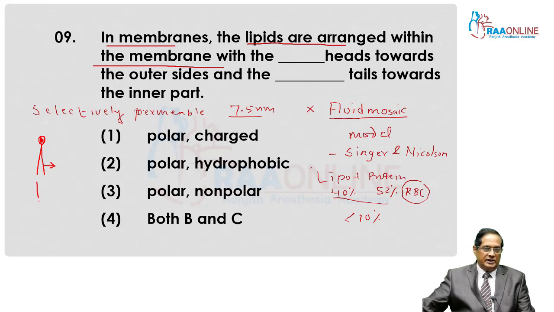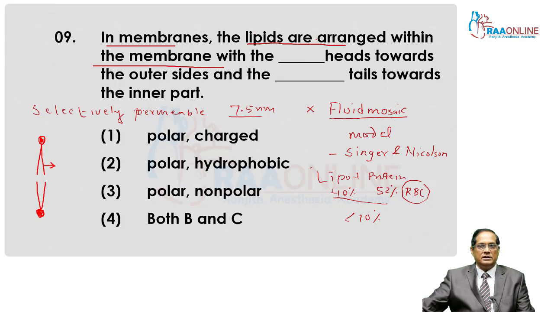Their orientation is that head is towards the outer side, whereas tail is towards the inner side. So, polar head and non-polar tail.